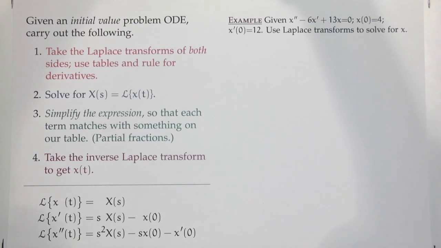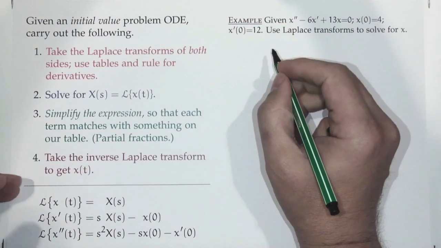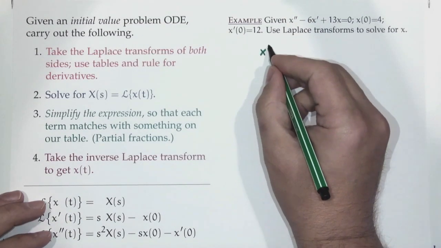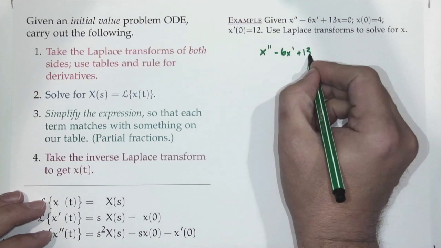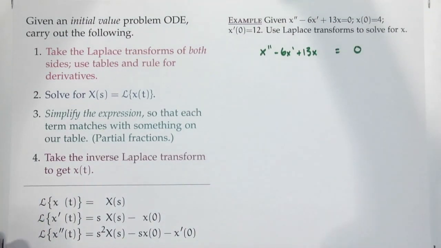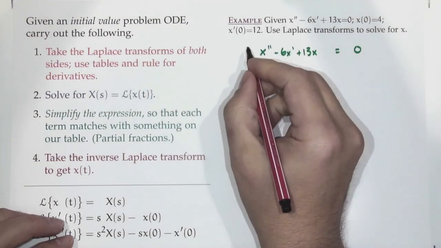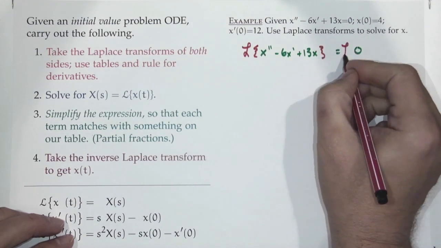All right, so what does this entail? Well, we have our process here, so let's work the process. We have our differential equation here. What's our step 1? It's right there. It says step 1, take the Laplace transform on both sides. So we're going to take the Laplace transform of both sides.